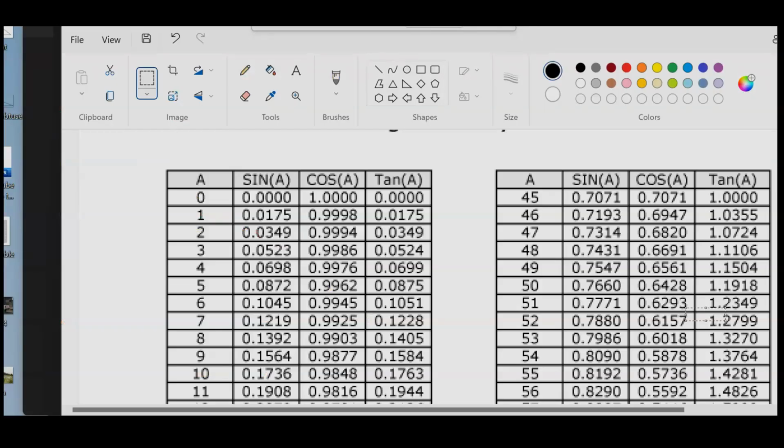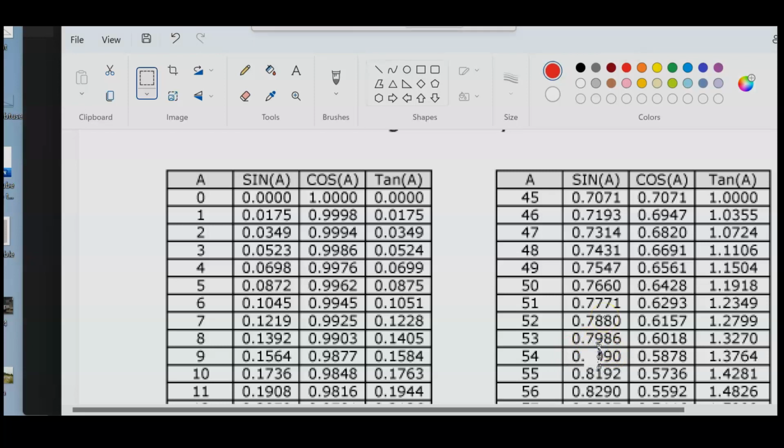Okay, let's find the value of angle alpha from trigonometric tables. This kind of trigonometric table can be found in any mathematics book or textbook. I'm looking for sine inverse of 0.8, which I can see right here, 0.8.